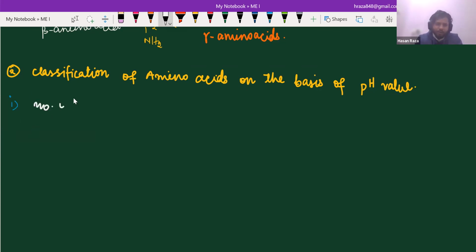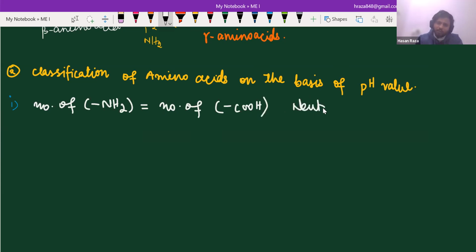If the number of NH2 groups is equal to the number of C double bond OH groups, then it is basically a neutral amino acid. That means the pH will be equal to 7.